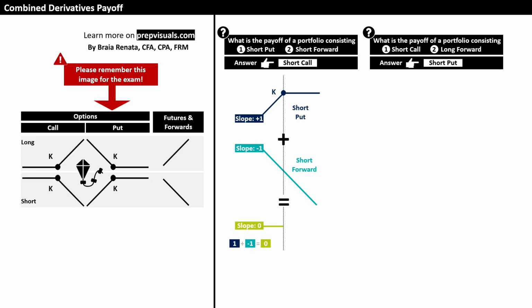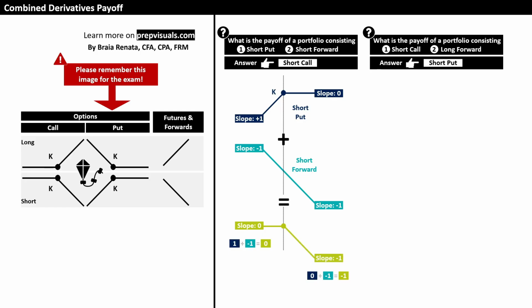And by doing the very same exercise on the right-hand side, the short put has a slope of 0, the short forward a slope of -1, and since 0 plus -1 equals -1, the slope of the combined portfolio will be -1.